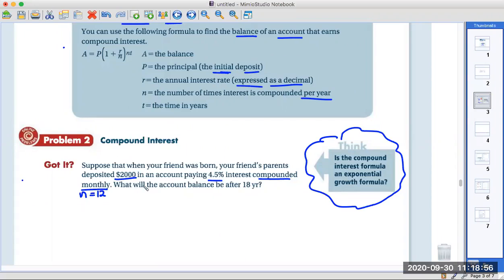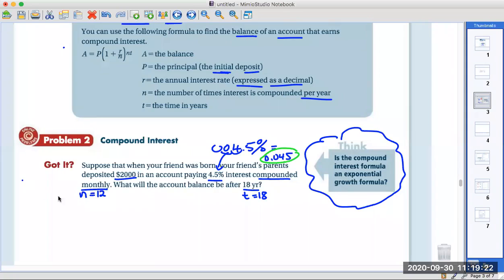What will the account balance be after 18 years? So that means T is 18. What else? Oh, 4.5%. We need to change it to a decimal. So you can add zeros in the front and move it twice. 0.045. This is the number we're going to use.